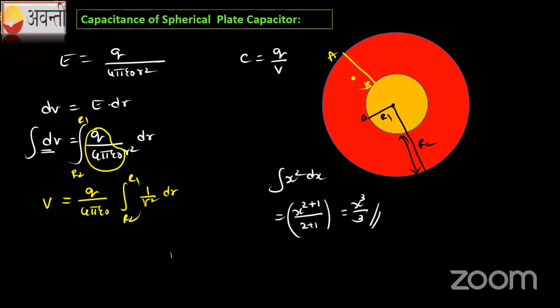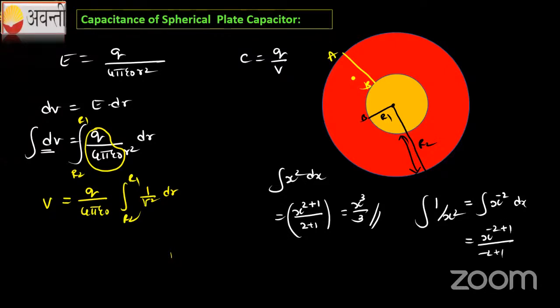In a similar way, if in case 1 by x square is there, now you try to take this one to numerator, then it will become x to the power of minus 2 into dx. Correct now? Similarly, we need to do the calculation here. Now x to the power of minus 2 plus 1 divided by minus 2 plus 1.